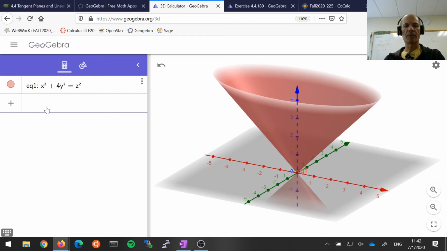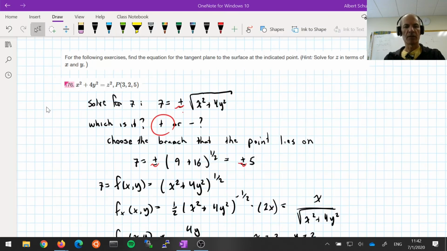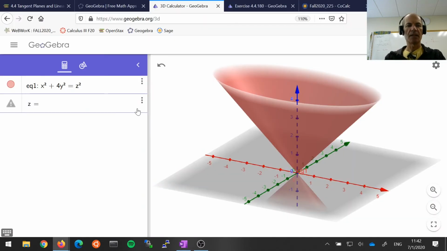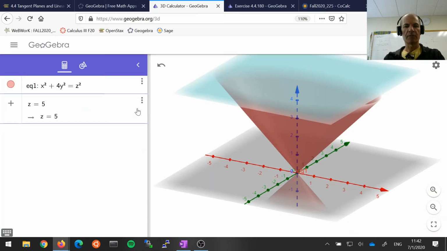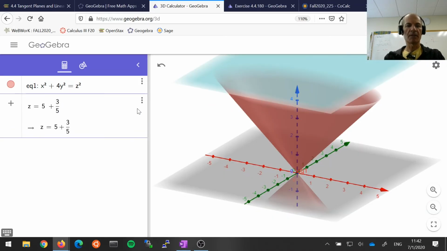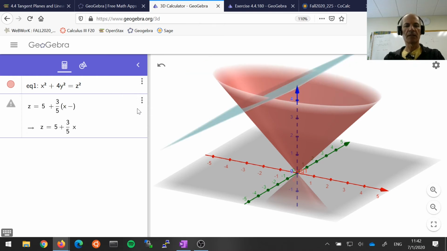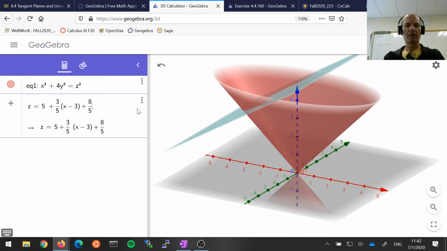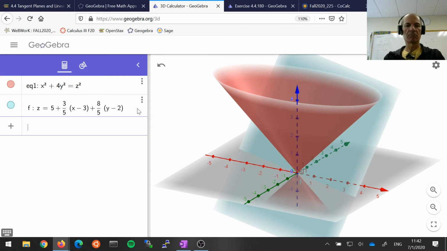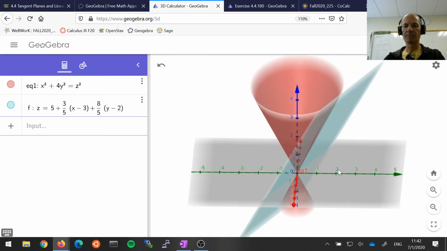Let's grab the equation of the tangent plane. z equals 5 plus, is it 3/5, (x minus 3) plus 8/5 (y minus 2). There we go. There's the plane.